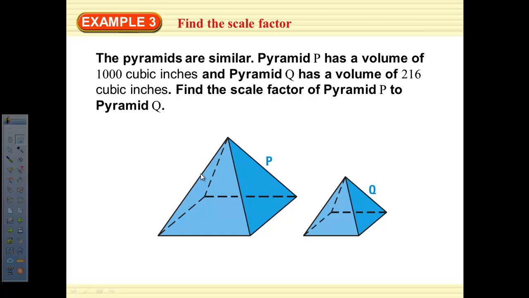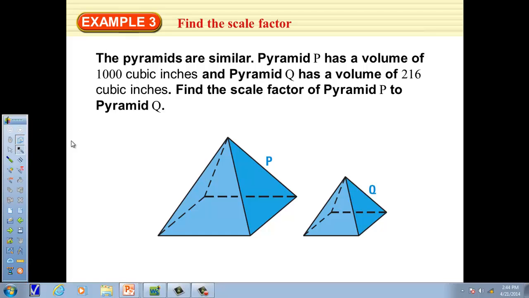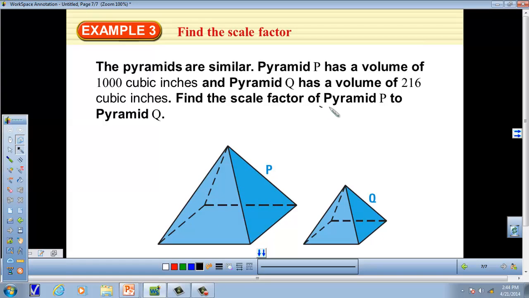Now we're going to look at the scale factor. And remember, the important part of this problem is we're doing P to Q, so it's this to this when we do it. We know that the volume for P is 1,000 cubic inches. For Q, it's 216 cubic inches.